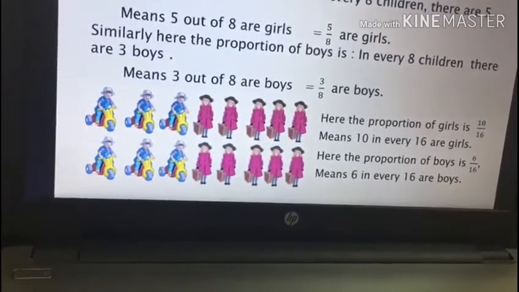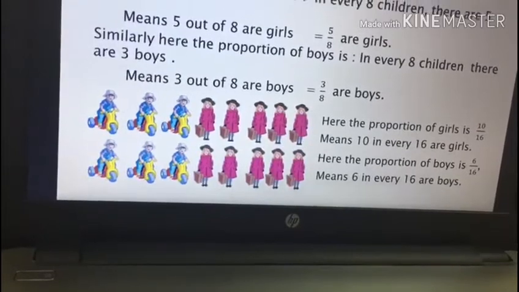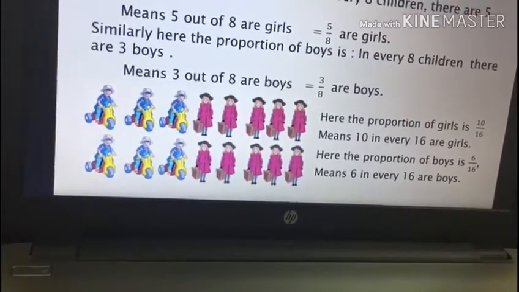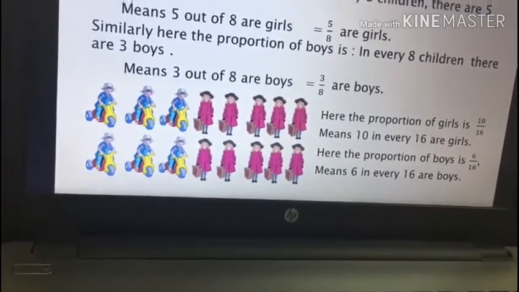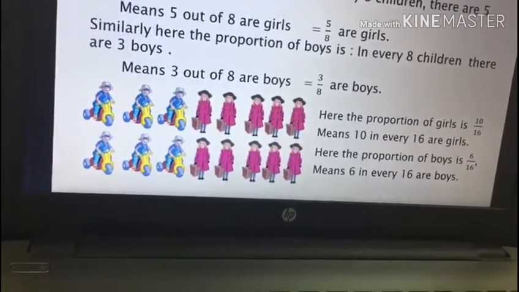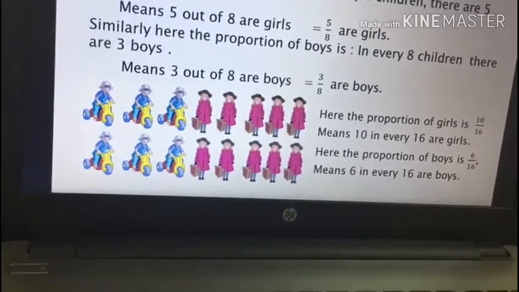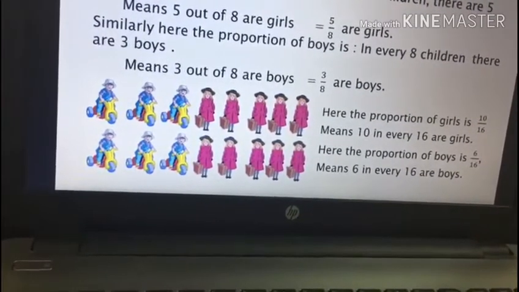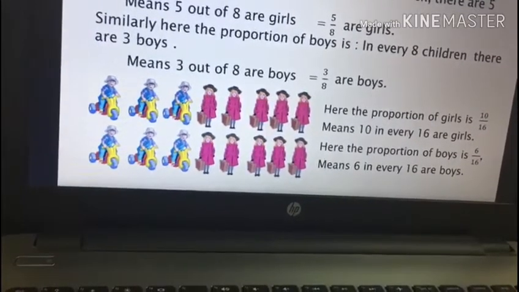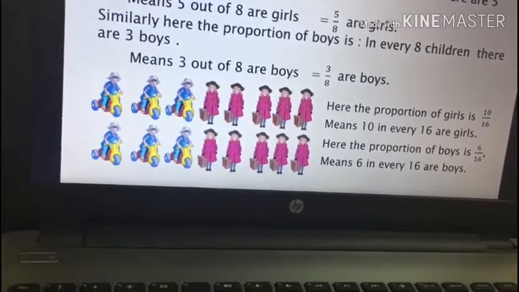the number of girls also doubled to 10. 5 times 2 is 10.